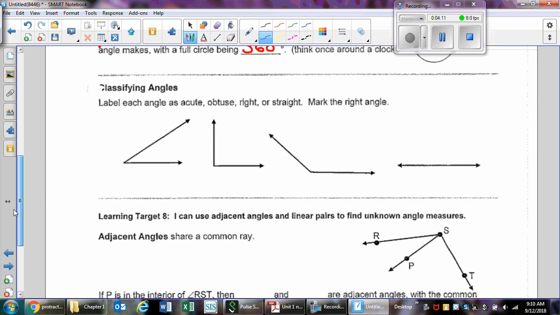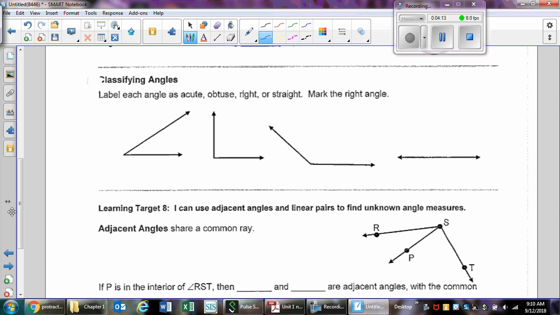Now we're learning about classifying angles, and you can see there are different kinds of angles. I'm sure you've seen this before. This is called an acute angle.